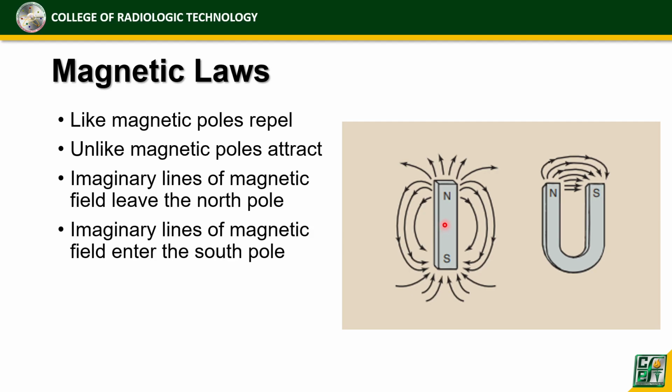Okay? So meaning, pag pinutol ko siya sa kalahati, yung pinagputulan ko ay magiging another pole, at mataas na ang magnetization.